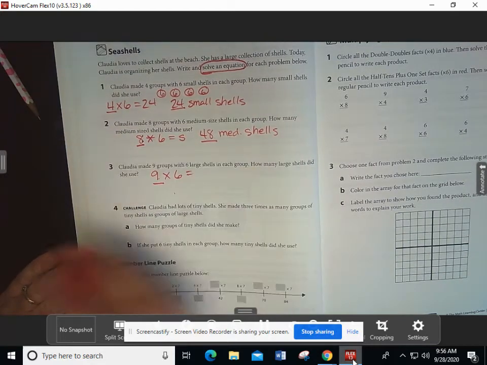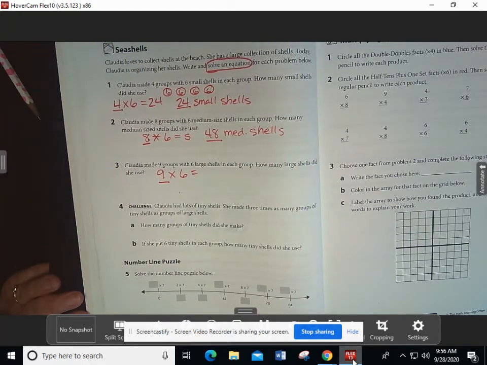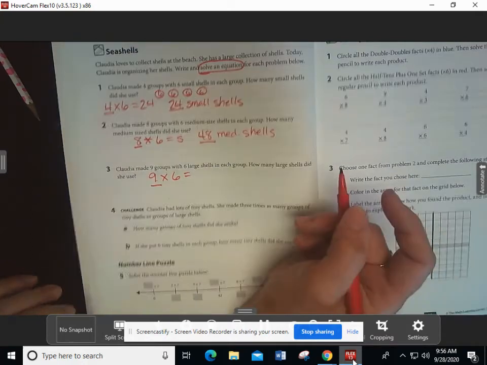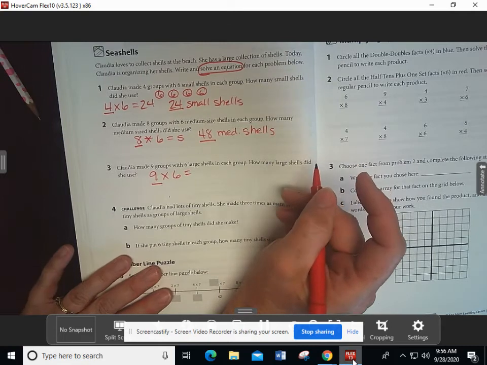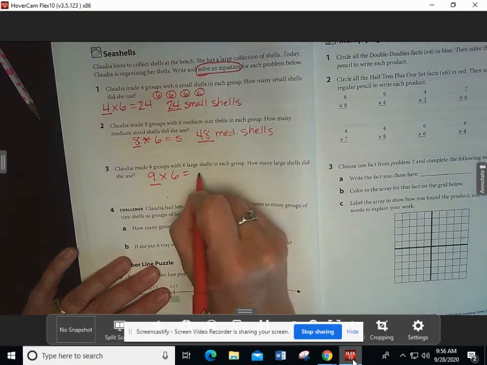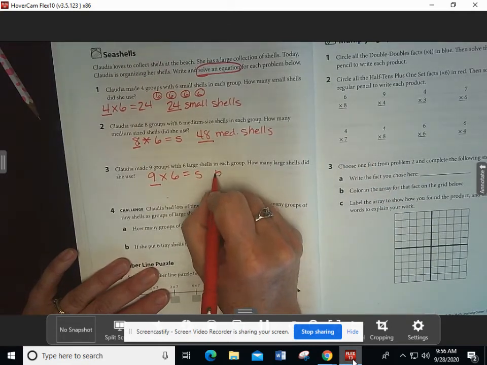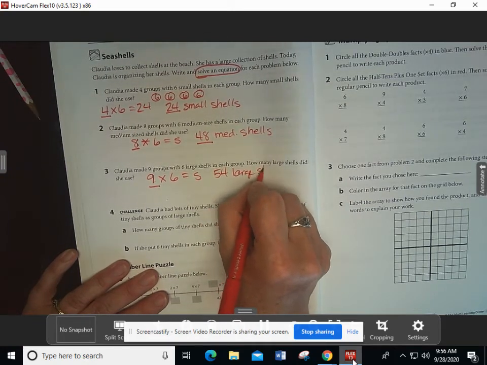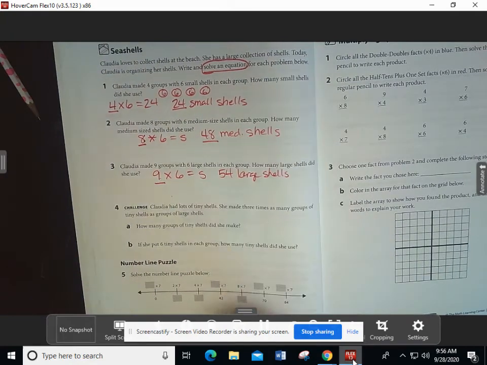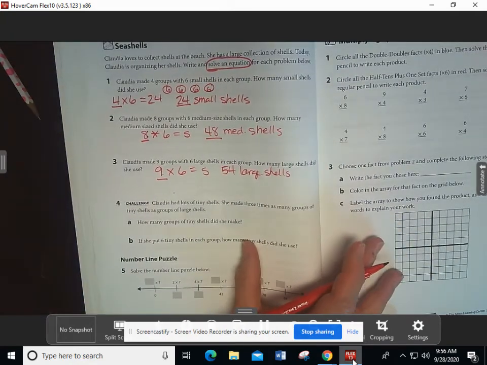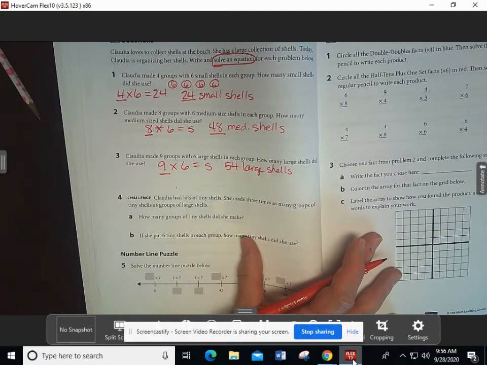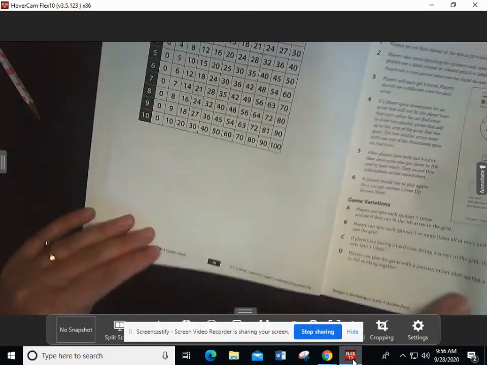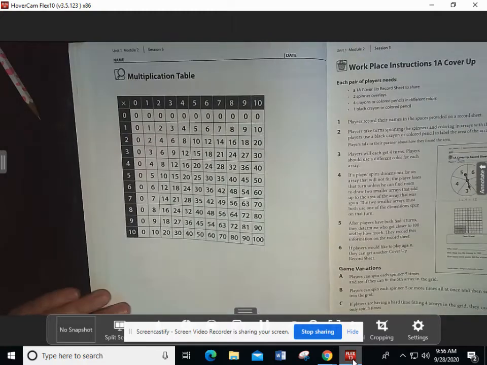Or how many of you know your multiplication tables? Okay, the table right in front of me, all have their hands in the air. What is 9 times 6, everybody? 54. So we have 54 large shells. Remember, I told you, you can use your multiplication chart. Your multiplication chart is 2 pages in front of you. I told you to mark that with a sticky note.